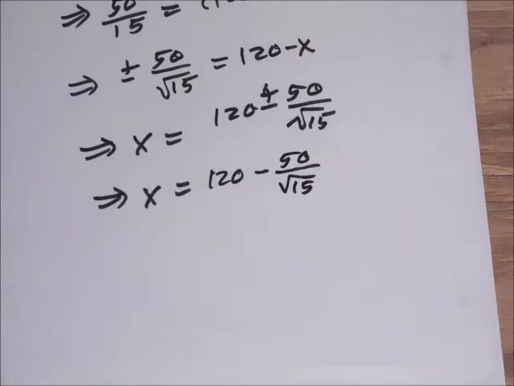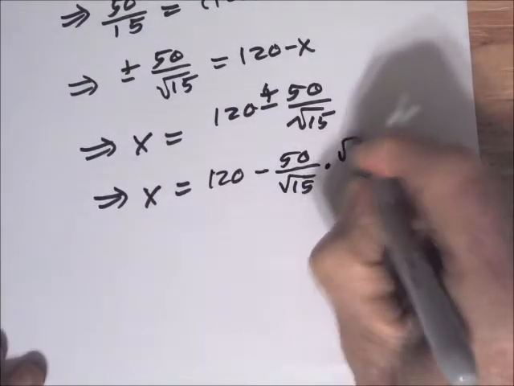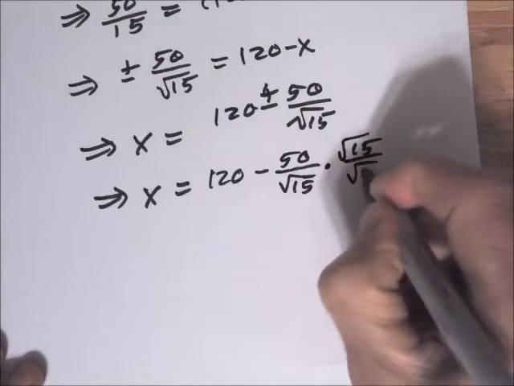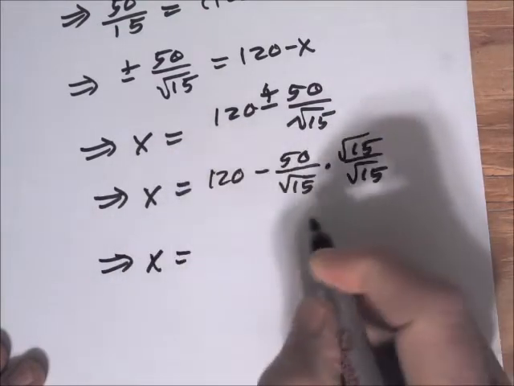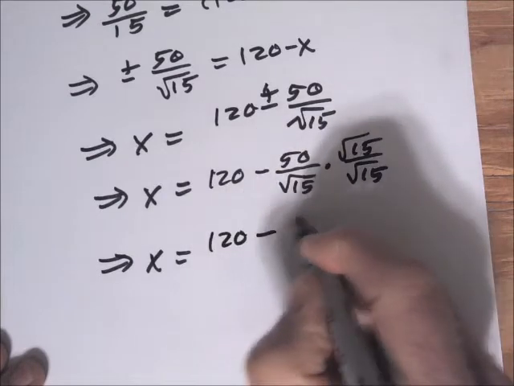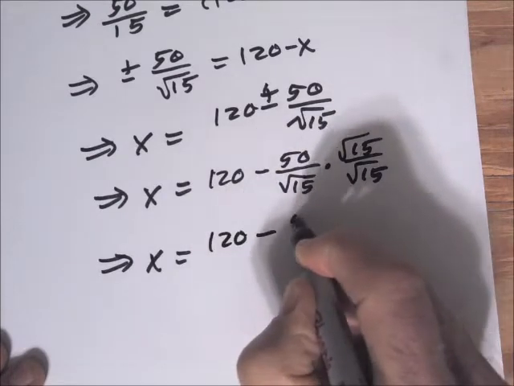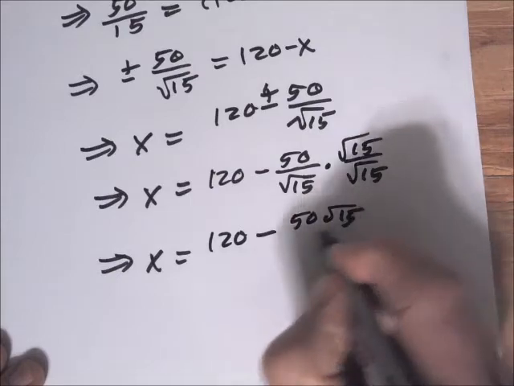Let's simplify this a little bit. Let's get the root 15 out of the bottom. So we have x equals 120 minus 50 root 15 over 15.